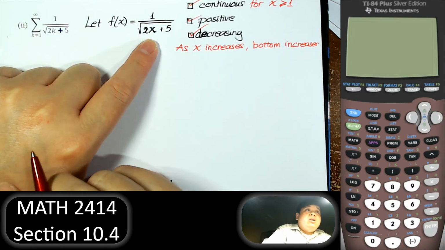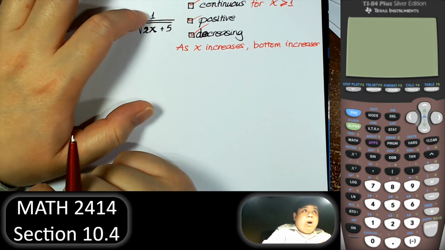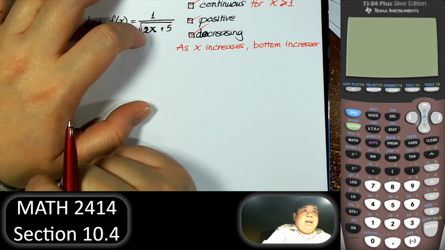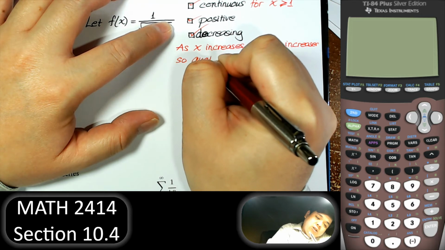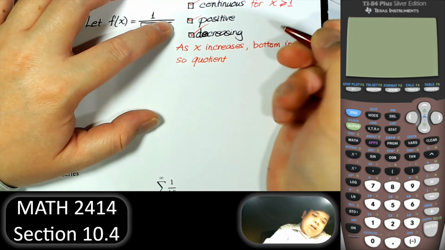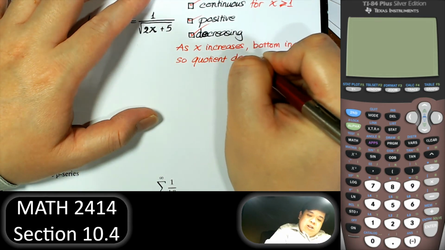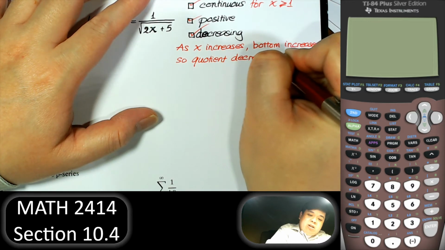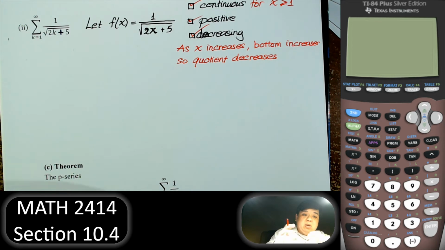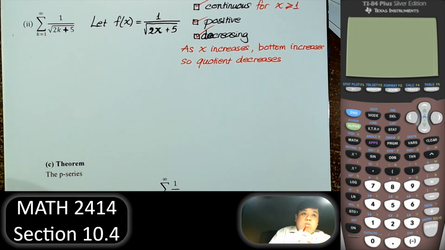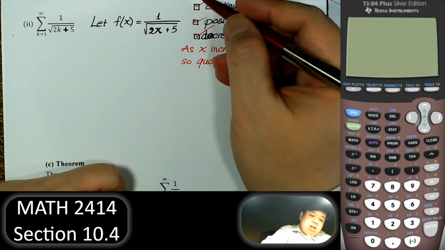If the bottom increases, the ratio where the top is fixed has to be smaller. So the quotient decreases. Because we have a finite number on the top, we just divide by a bottom that gets bigger and bigger. Essentially, we have smaller and smaller quotients. So yes, those we check.